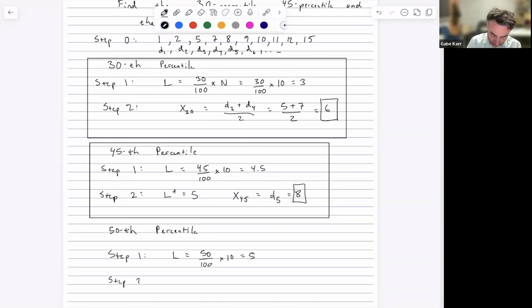And so step 2 tells us that since it's a whole number, the 50th percentile is just d sub 5 plus d sub 6 over 2. I look up again. d5 is 8, d6 is 9. I have 8 plus 9 over 2, which is 17 halves, or if you want, 8.5.